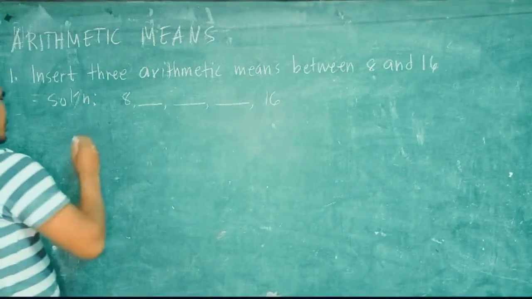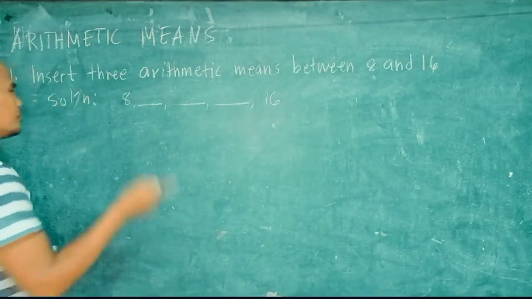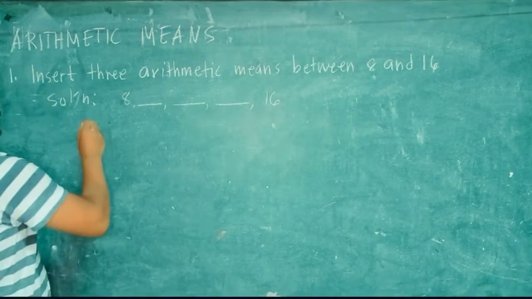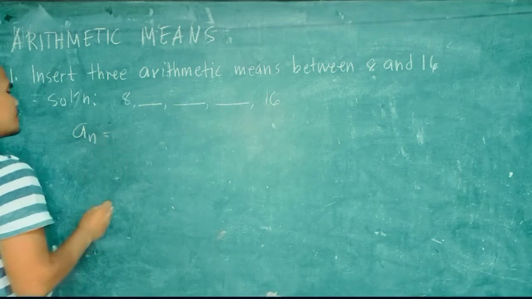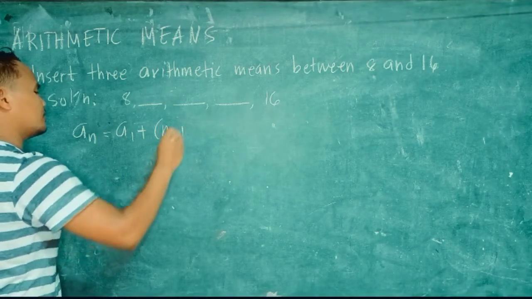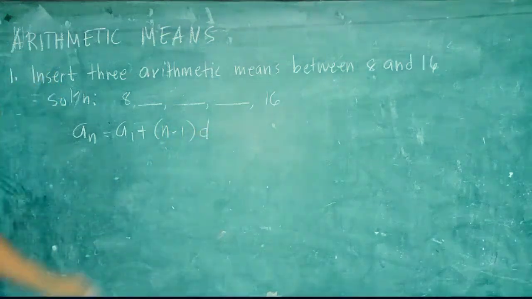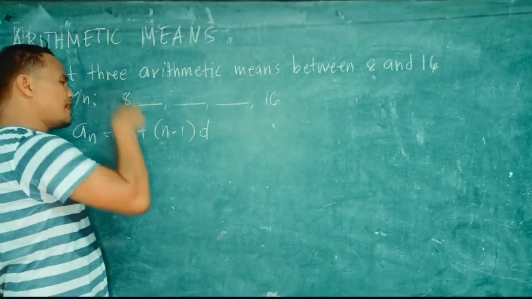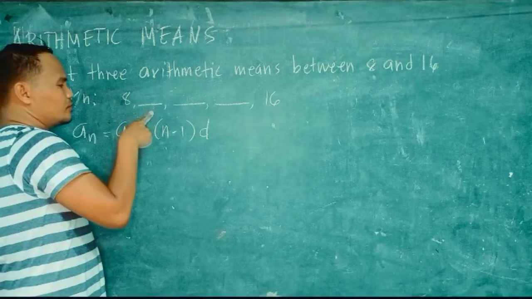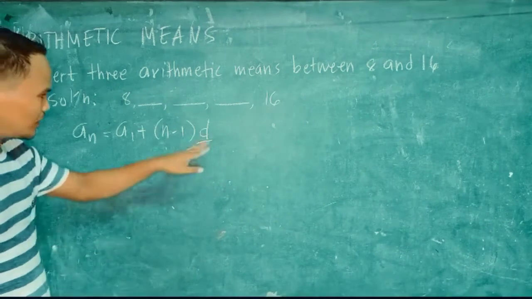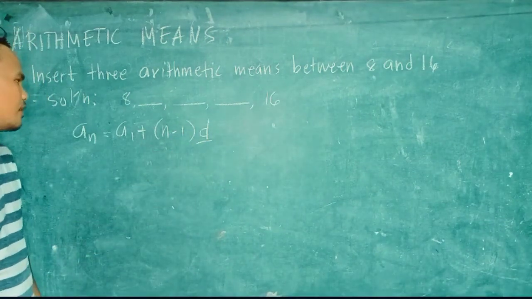So, solution, we are going to use the arithmetic formula. A sub n equals A sub 1 plus n minus 1 times d. Now, we can determine the next to 8 if we know what is the common difference.